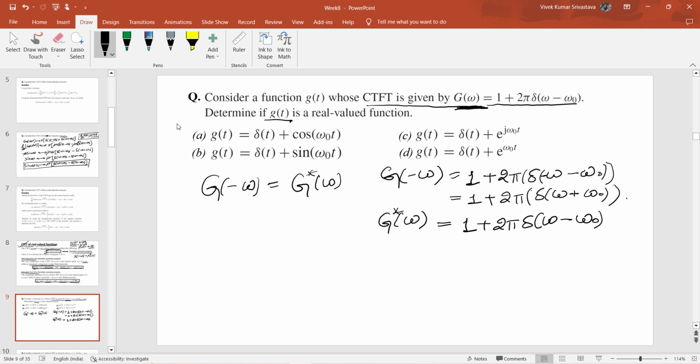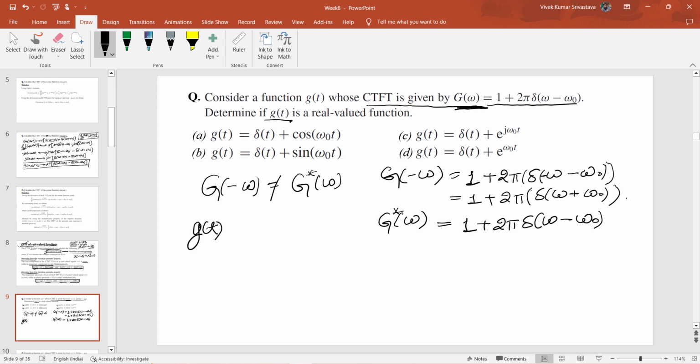So from here we can see that G of minus omega is not equal to G of omega conjugate. Sir, one question. Can you tell me how you can find the conjugate of G of omega?